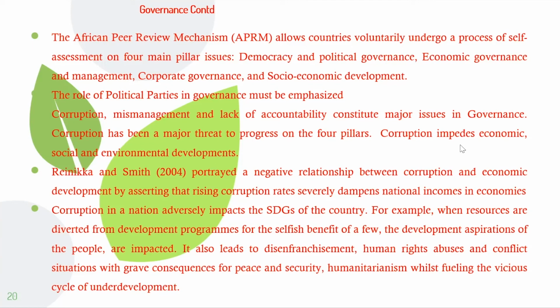For example, when resources are diverted from development programs for the selfish benefit of a few, the development aspirations of the people are impacted. It also leads to disenfranchisement, human rights abuses, and conflict situations with grave consequences for peace and security, humanitarianism, whilst fueling the vicious cycle of underdevelopment.